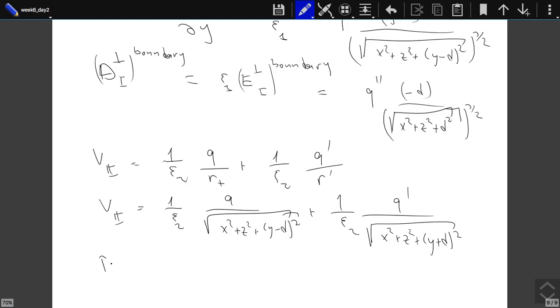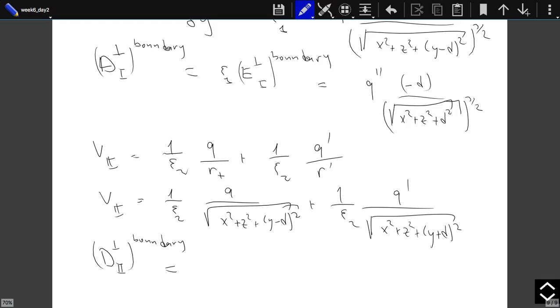And D2, the displacement field in region 2, the component perpendicular to the surface on the boundary, becomes, well, to obtain D2, we multiply E by epsilon 2, and what remains is Q times minus d divided by square root of x squared plus z squared plus d squared to the power 3.